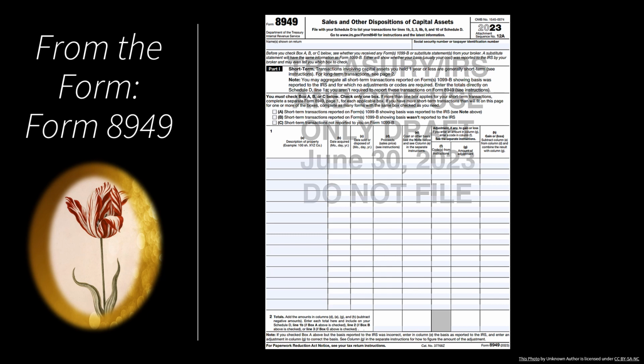There's a column for the description of the property, the date acquired, the date sold, the proceeds, the cost, any codes that would cause an adjustment, the actual number of the adjustment, and then the gain or the loss. So you can see that the form really fits the same columns as what we were having reported to us on the 1099-B.